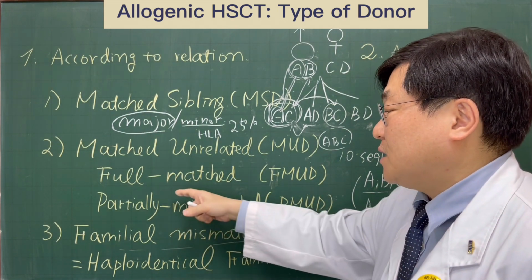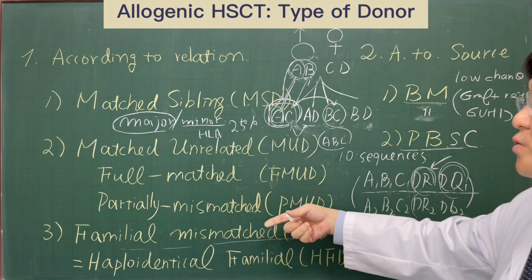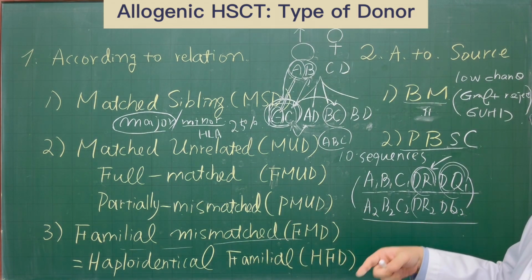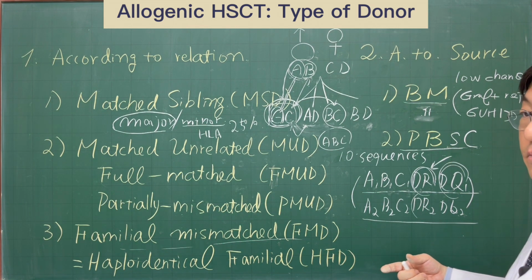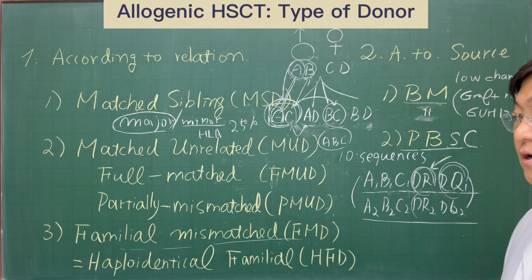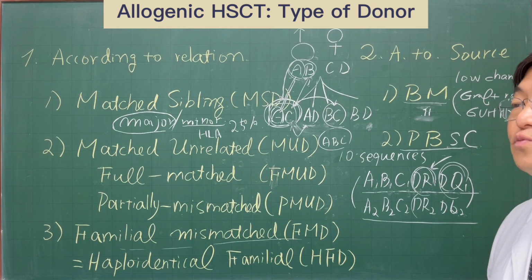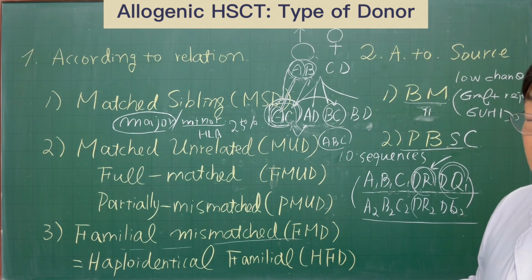For the partially mismatched, we usually use one locus mismatch donors, because if the number of HLA differences increases, the chance of graft rejection and the incidence of GVHD will also increase.